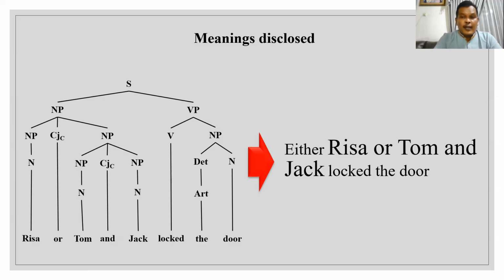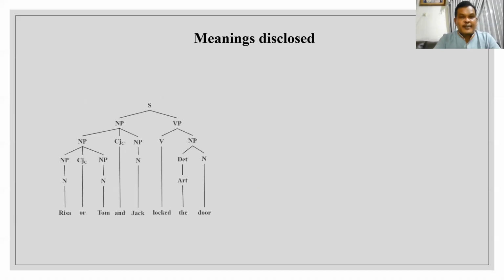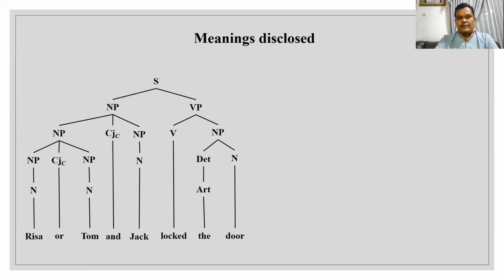Now, let's find out the meaning disclosed by the second diagram. You can see here that the main NP is branched into three branches: NP, coordinate conjunction, and the other NP.